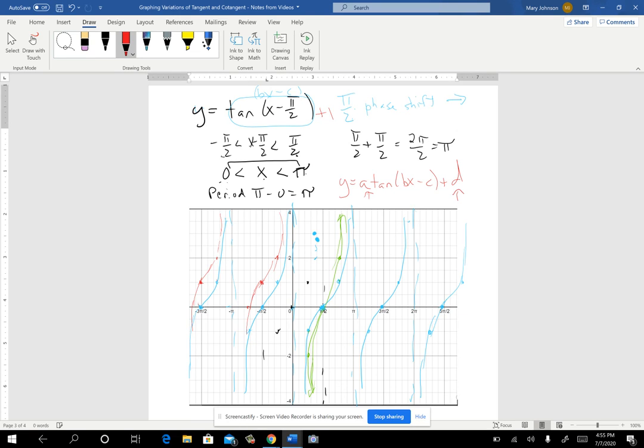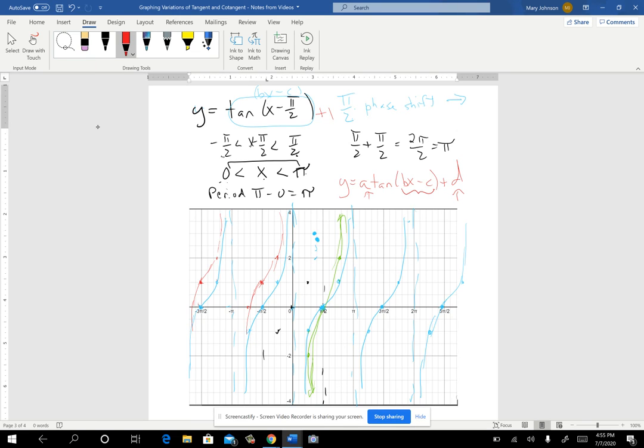This is still going to be a vertical shift, an actual movement of the whole graph up or down, depending upon the sign of the d. You still wind up having your period and your phase shift being figured out in here, but it's not as simple as b being the period and c being the phase shift. There's a combination that happens, okay?